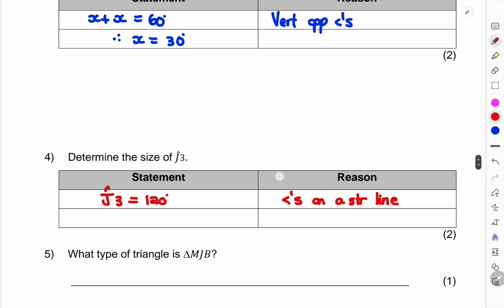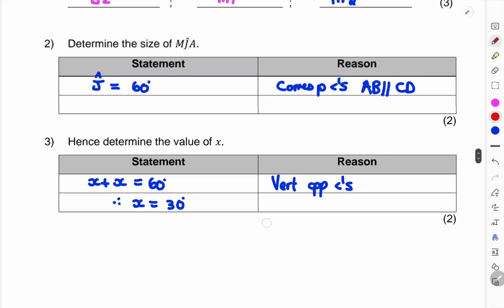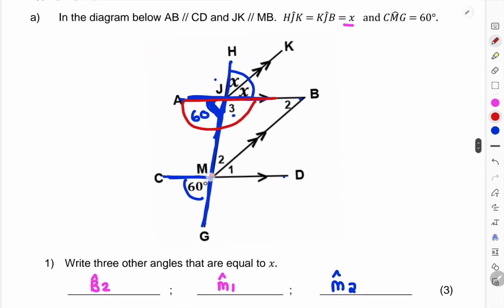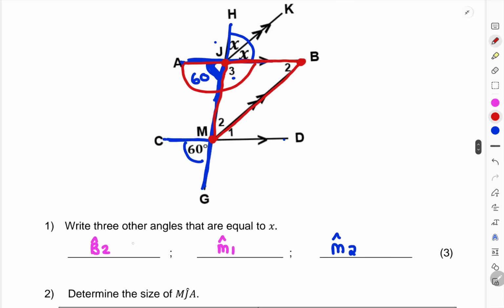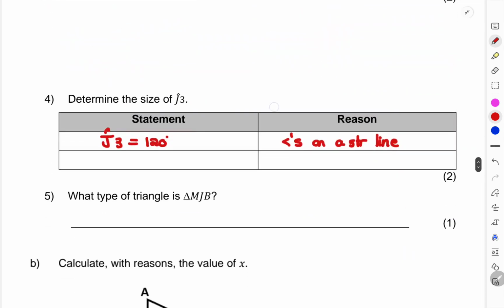And then what type of triangle is triangle MJB? Remember here in the beginning we said B2 will also be equal to M2, which makes it an isosceles triangle.